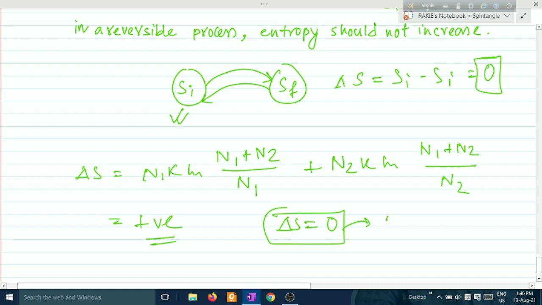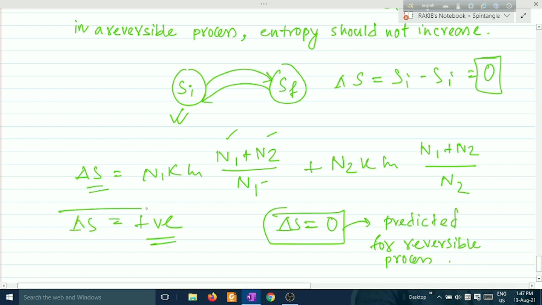It was predicted for a reversible process. But in the case of a reversible process also, the entropy depends on the number of particles.